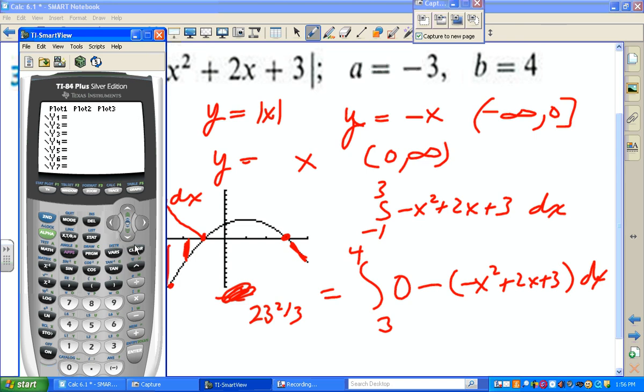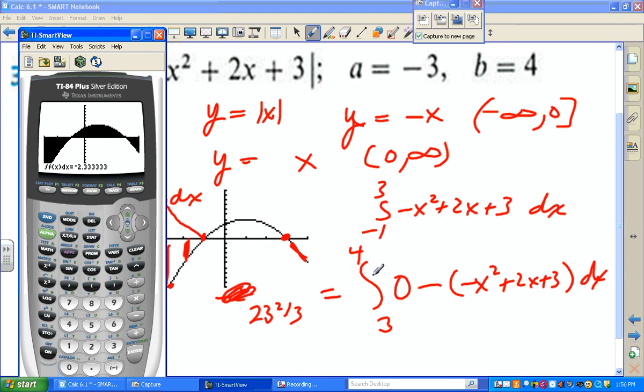Now, this is something interesting. Ms. Bowen, why is it negative x squared plus 2x plus 3? Why does this graph right here, if I do second calculate 7 from -3 to 4, why doesn't it come out to be 23 2/3?